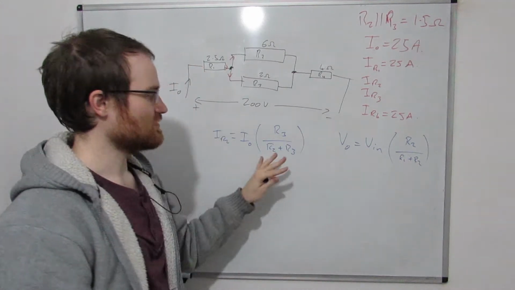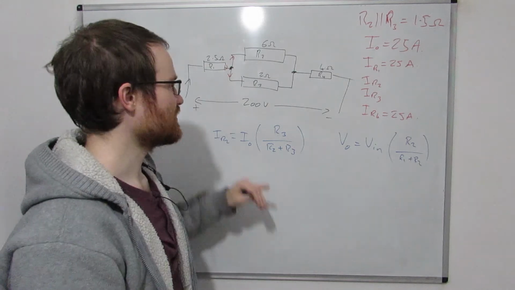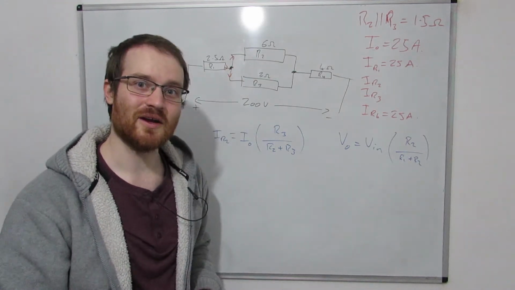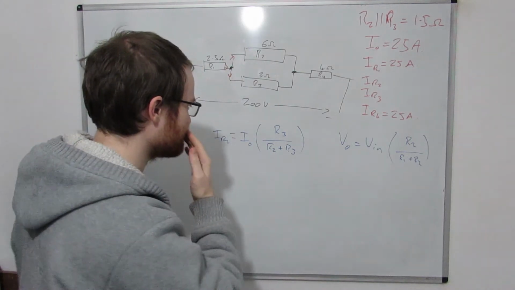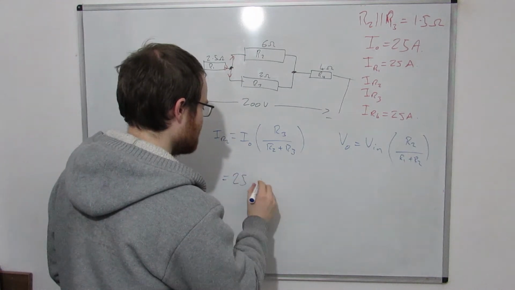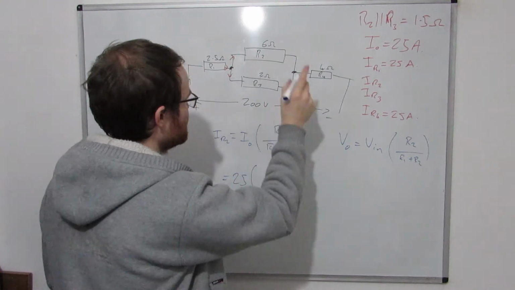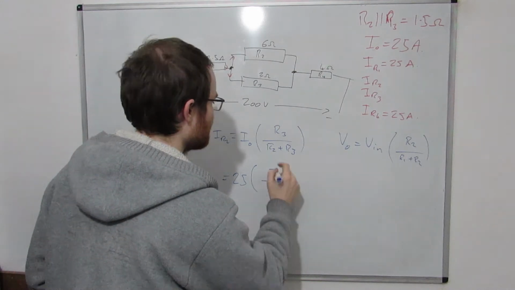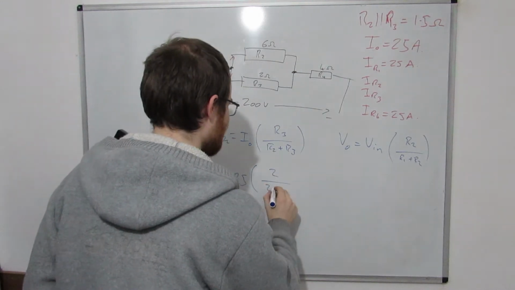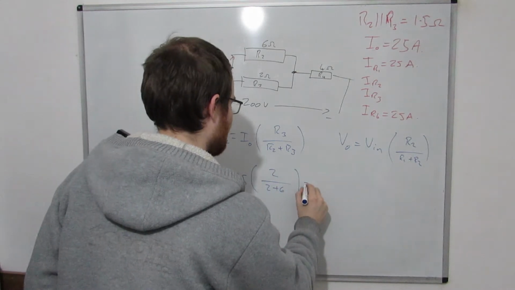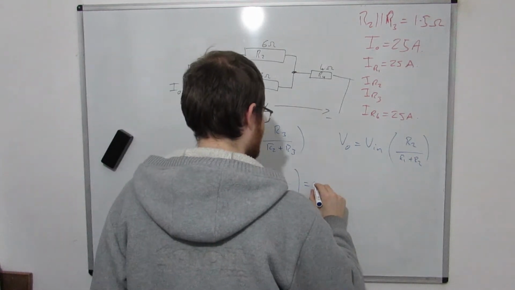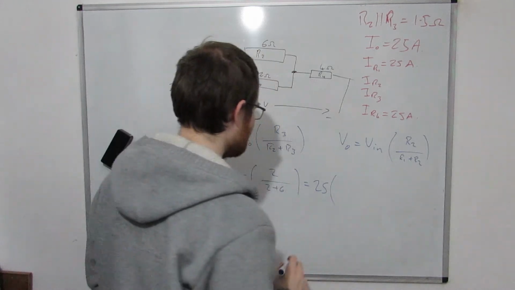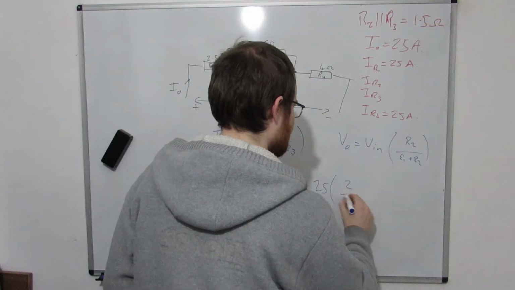Right, I won't go into how you derive this. If you want an equation, there you go. And I've taught you the non-mathematical way to think about it just beforehand. That will be 25 times R3, which is 2, over 2 plus 6, which equals 25 times 2 over 8.